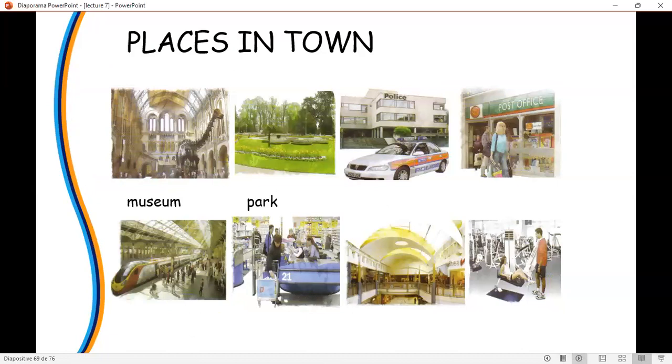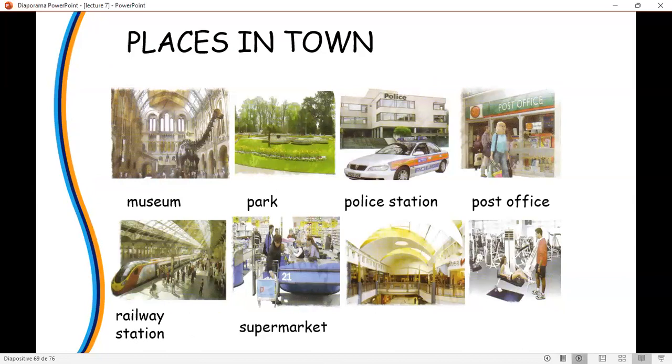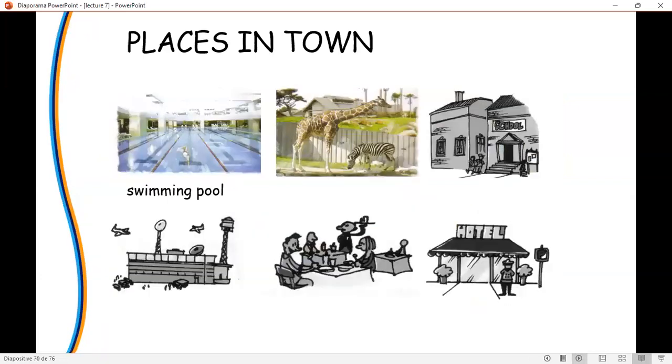This is a police station, a post office, a railway station, a supermarket, a shopping center. This is a sports center, a swimming pool, a zoo, a school, an airport, a restaurant, a hotel.